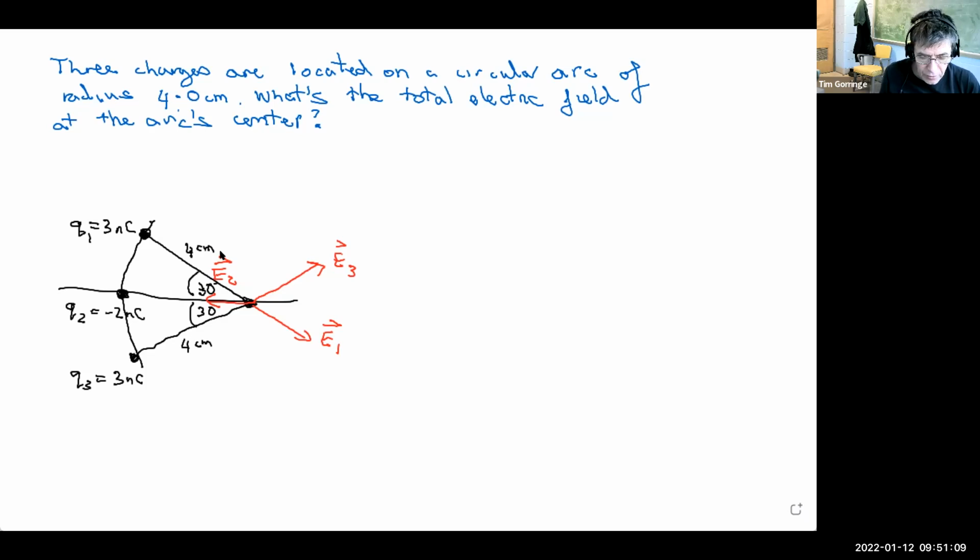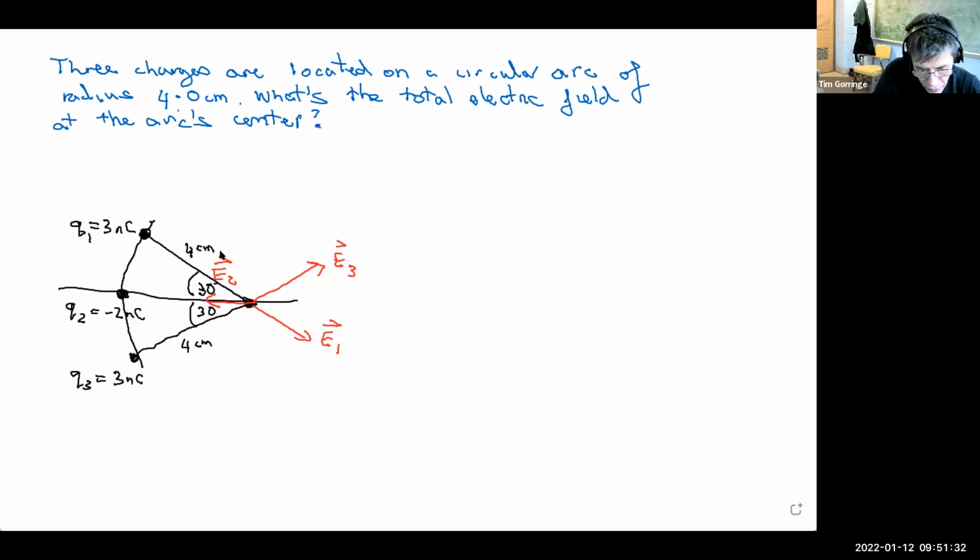That's simply because all the charges are the same distance from the field point, but Q2 is smaller in magnitude, and so its electric field will be weaker. Q1 and Q3 are larger in magnitude, so their electric fields will be a bit larger. So I've drawn that fact.